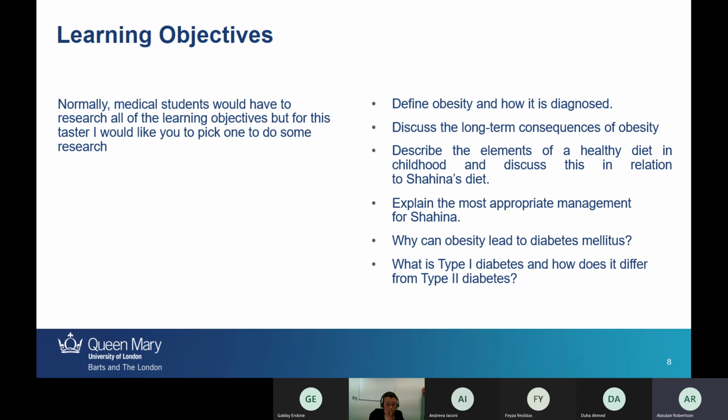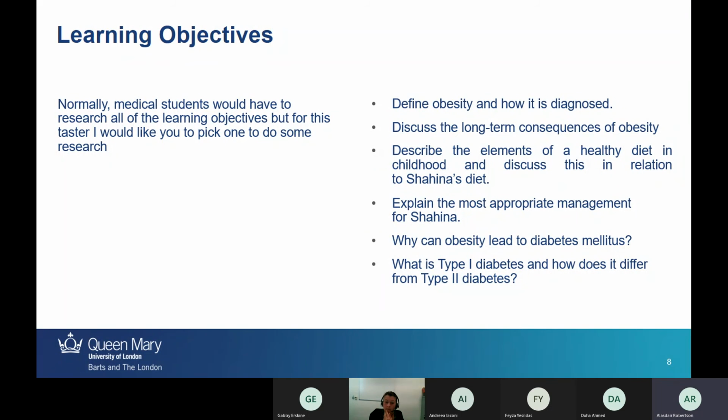Medical students would have looked in more detail at that drug, what it does, and the side effects that would be relevant in the case of Shahina.